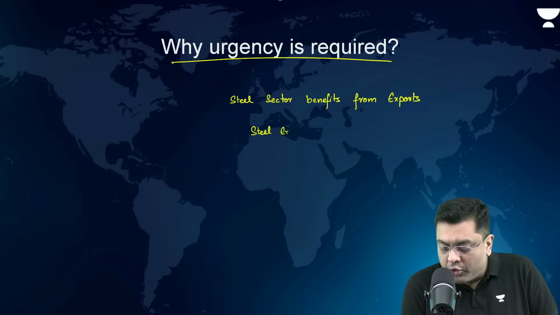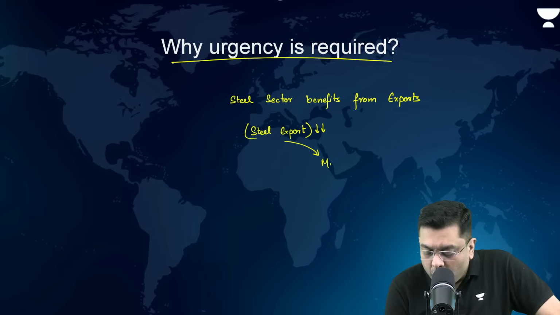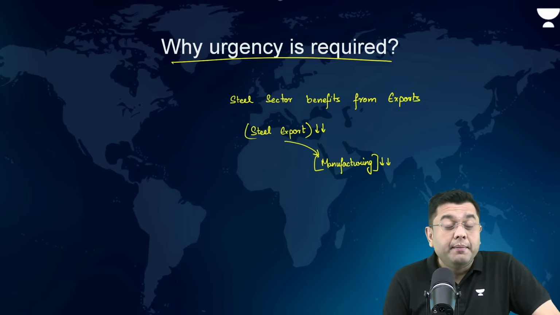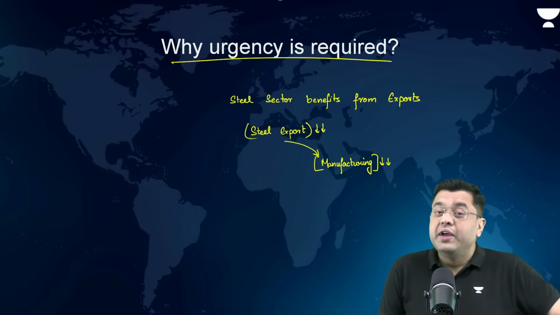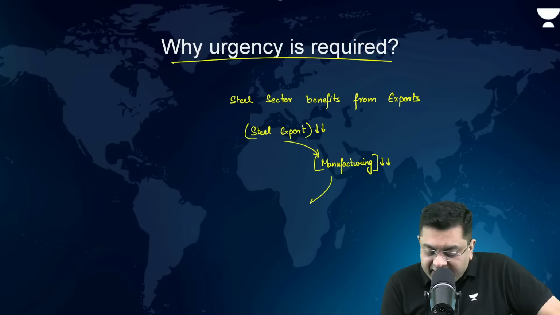And when the steel export goes down, that means the amount of manufacturing will go down, right? Not only will it have an impact in the industry, but across multiple industries. Why? Because steel also requires a high amount of labor force. So that is where the unemployment cycle can be kicked up. Unemployment.